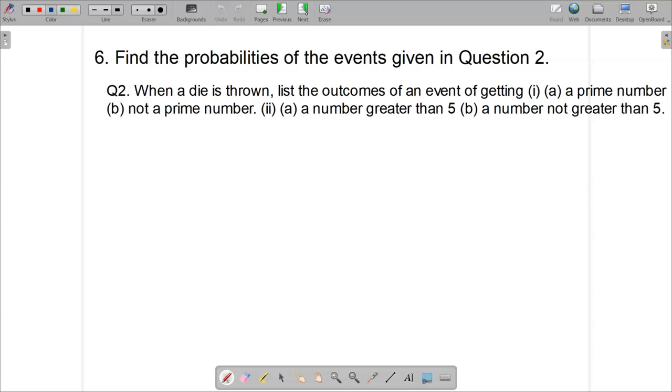Find the probability of the events given in question 2. Already we know that question 2 lists the outcomes of an event of getting a prime number. So we already know the outcomes, we just need to find the probability of each and every event. So 1A: what is the probability of getting a prime number when a dice is thrown?